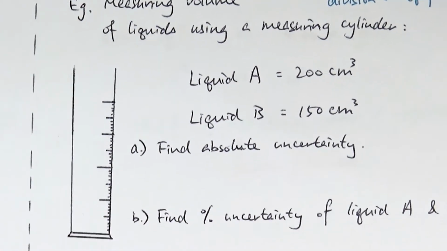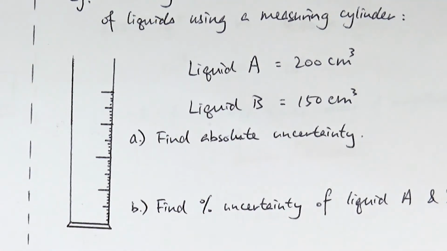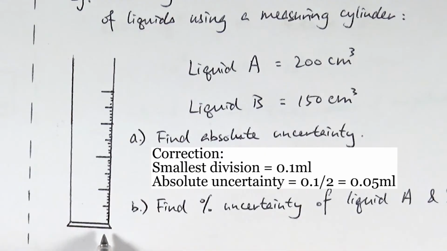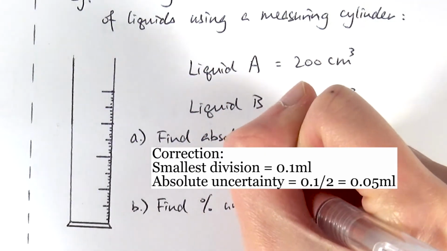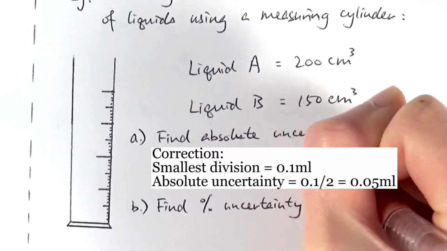Let's say I'm measuring the volume of liquids using a measuring cylinder. The absolute uncertainty, we just said, because the smallest division is 1 milliliter, will be half of that, so 0.5 milliliters.